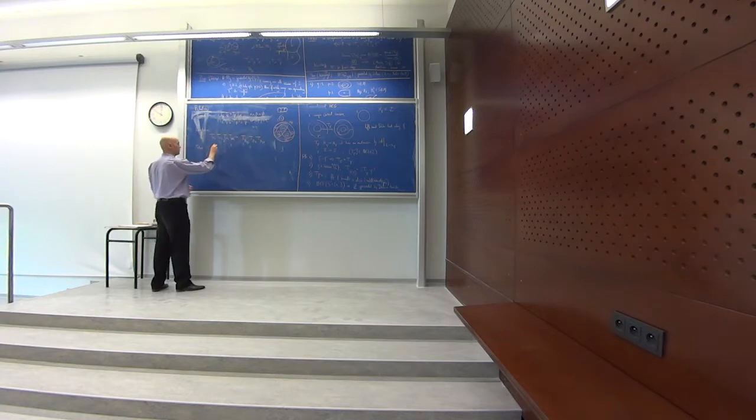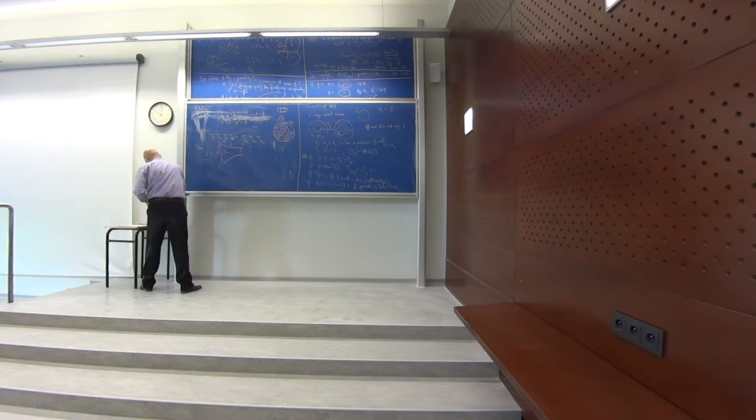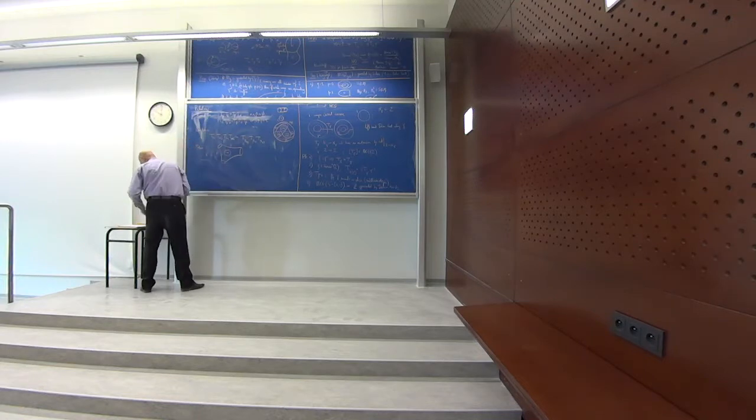So now the surface is the following one. You have here one curve and call it beta.